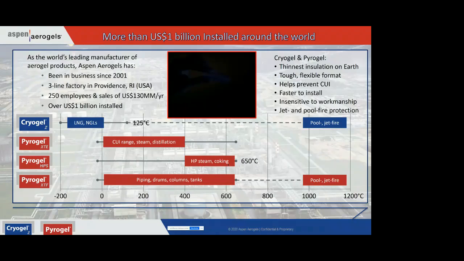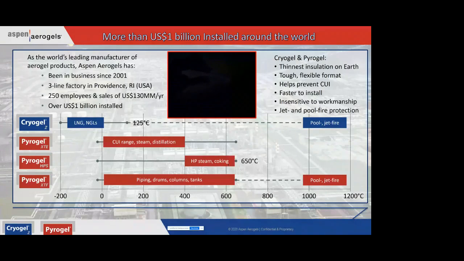So typically what you find is in the LNG sector, you'll need thermal, you also need fire protection. Our product gives you both. Just by applying Cryogel, you can get both your thermal requirements and your passive fire requirements, as well as acoustics. So it meets pool fire and jet fire requirements as well.